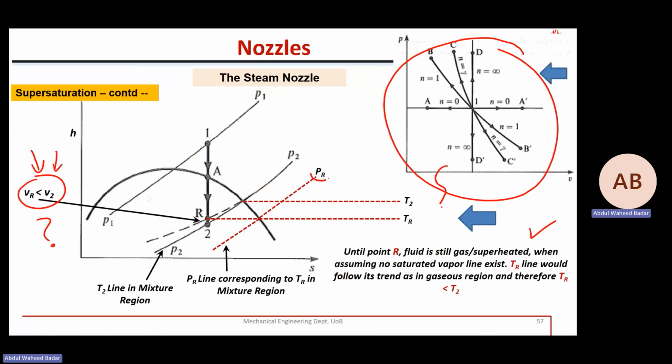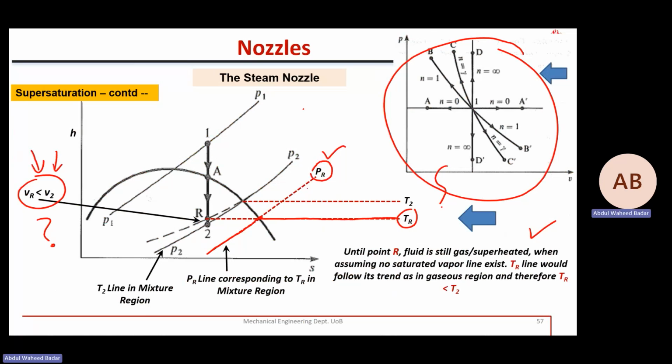Let's see here, this PR. What is this PR line? Look, corresponding to this, now we know what TR is. So this TR, if it is a normal flow, then TR would have been like this. So corresponding to this TR, there is one PR.